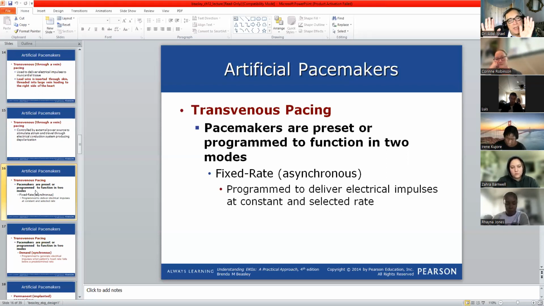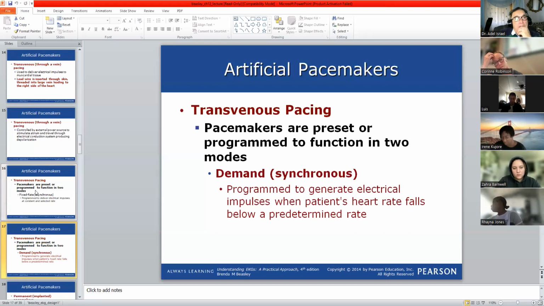So I have already planned this one. Another one is demand. What do we mean by demand? Demand means if the heart rate drops, for example, Irene needs her patient to be adjusted at 75 beats per minute.